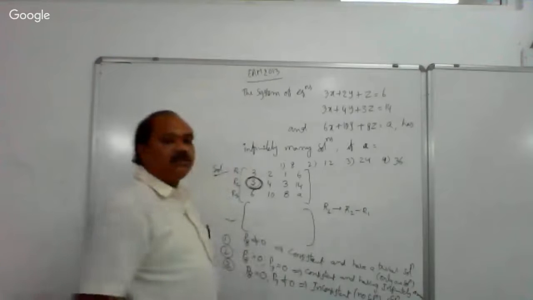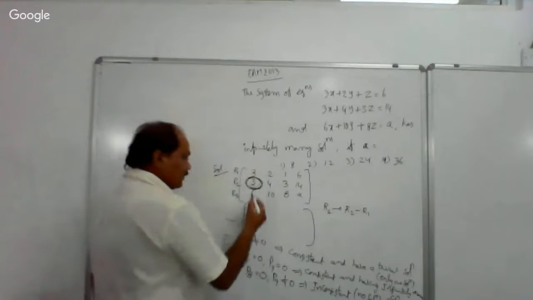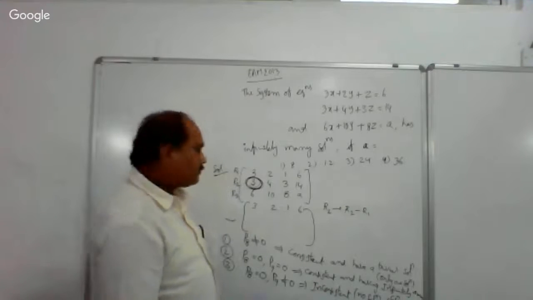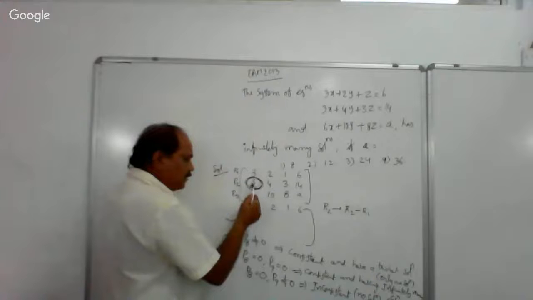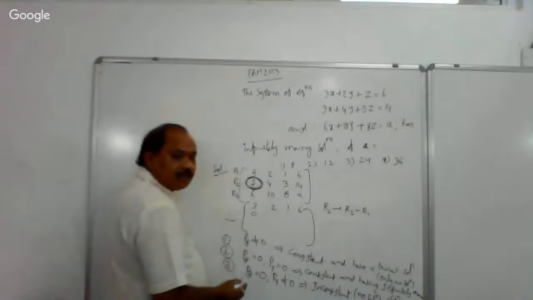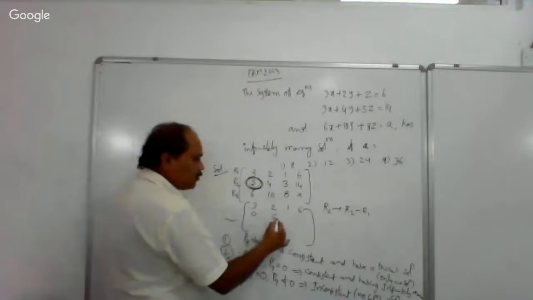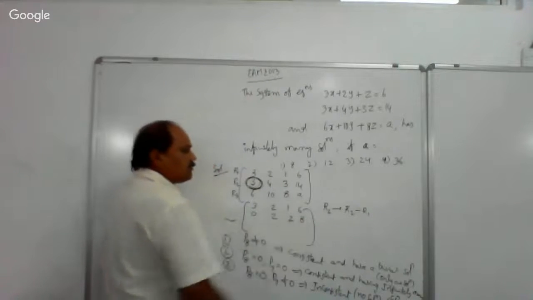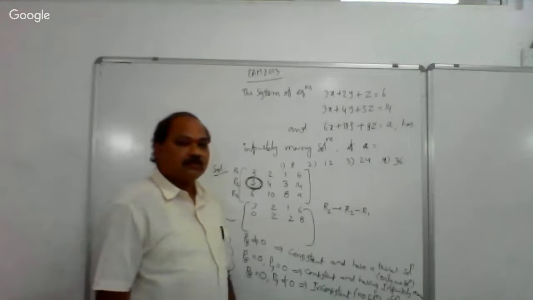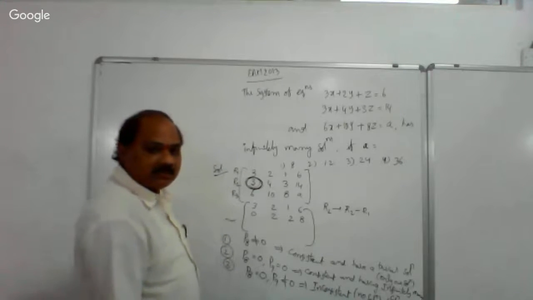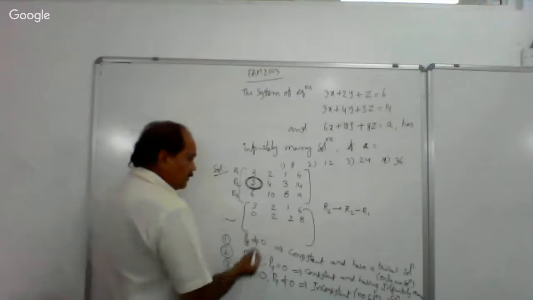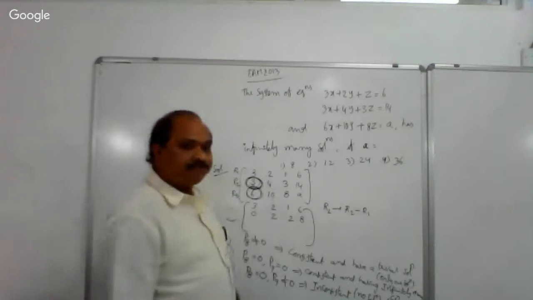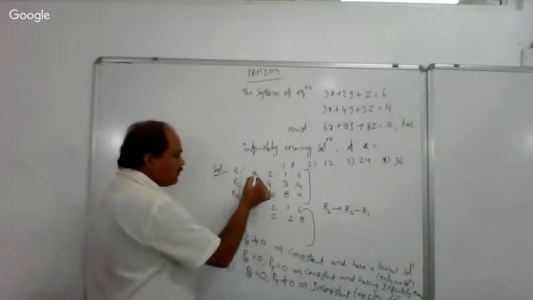Now the matrix reduces to first row as it is. Second row having 3 minus 3, 0; 4 minus 2, 2; 3 minus 1, 2; 14 minus 6, 8. At the same time, it is better to make the next entry 0 by using R1.